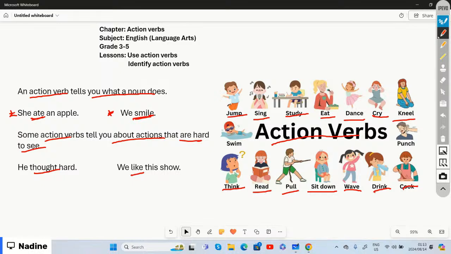And the action verbs tell us what the noun is doing. And we said some of our action verbs tell us about an action that is hard to see.